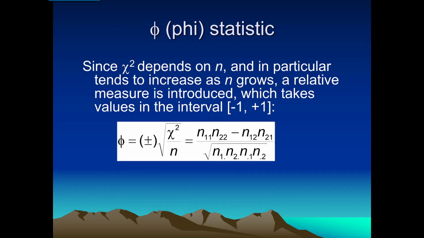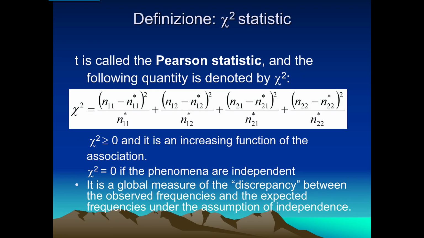Now, if you multiply all the entries of the table by 10, what happens to the chi-square statistic? If n11, n12, n21, and n22 are multiplied by 10, what happens to the statistic? Does it remain the same? How does it change?